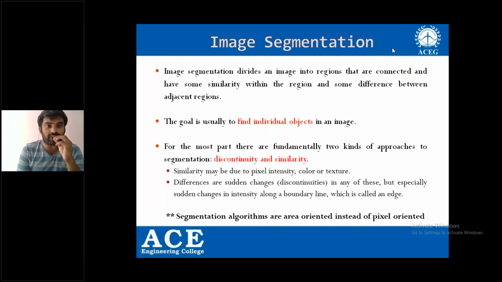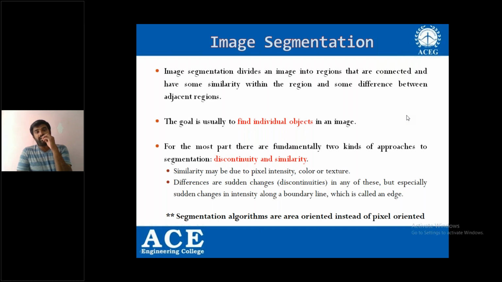For the most part, there are fundamentally two kinds of approaches to segmentation: similarity and discontinuity. Similarity may be due to pixel intensity, color, or texture. So based on the similarity, I can segment the image; the similar pixels will be the pixels of this particular object.